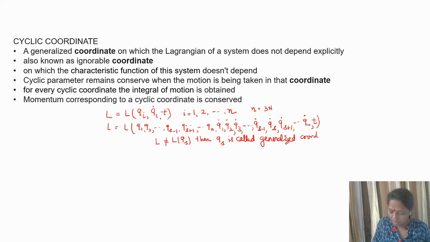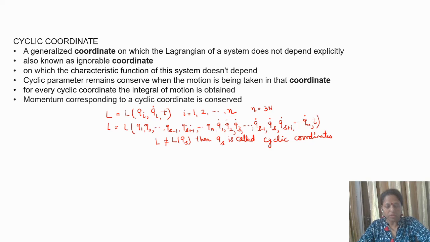There are many benefits of these cyclic coordinates. This qs is called a cyclic coordinate. With the help of cyclic coordinates, our mathematical calculation becomes very easy, because there are certain consequences of these cyclic coordinates.